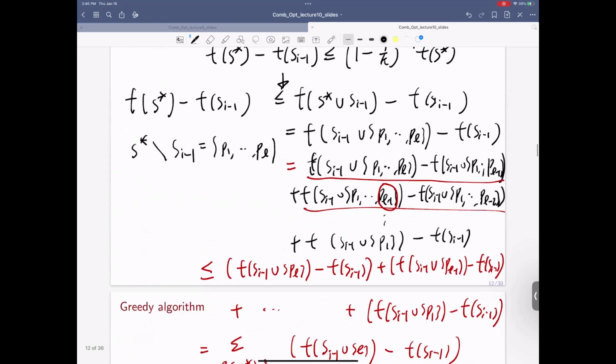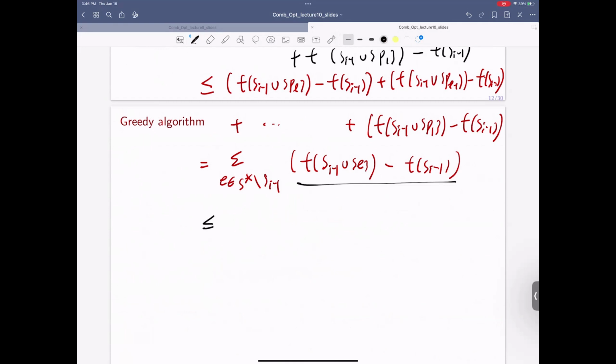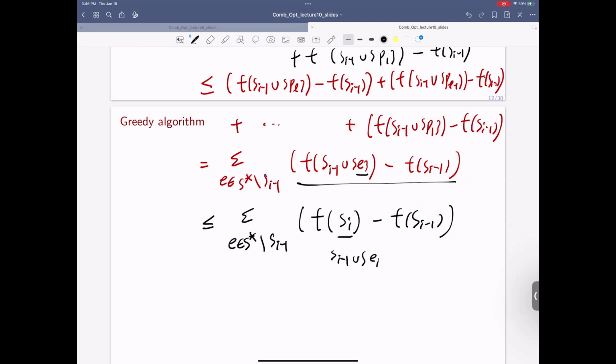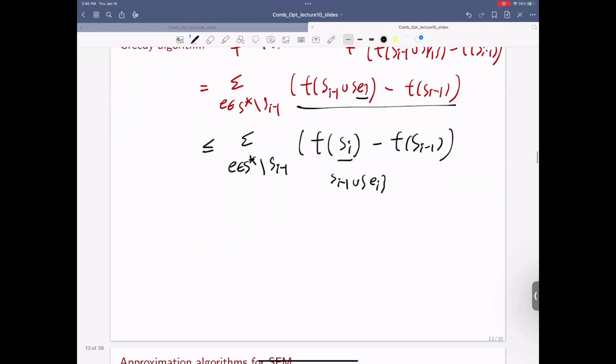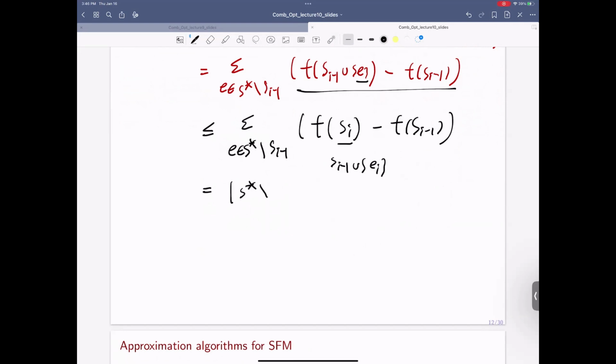So this thing is less than or equal to the sum over E in S star minus S_{i-1} of f of S_i minus f of S_{i-1}, because instead of this element E, you can choose e_i, which is the element that maximizes the marginal return. And here S_i is S_{i-1} union e_i.